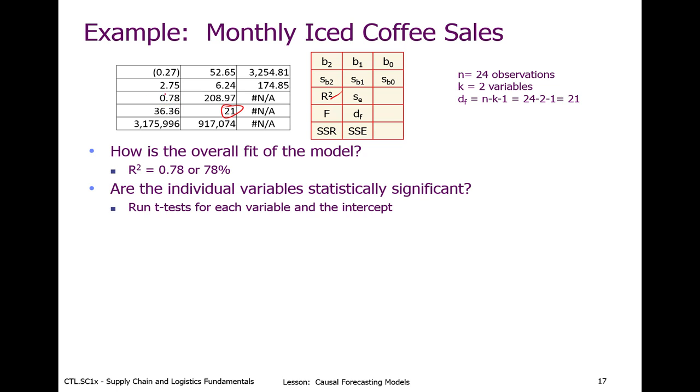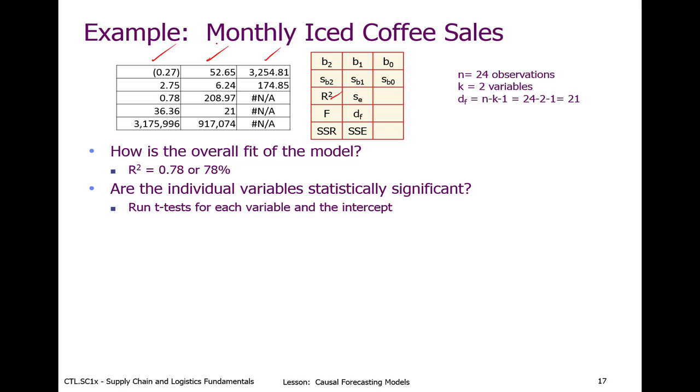So then the next question I ask is, what about the individual variables? Because what this LINEST function has given me are the estimates, where this is beta naught, this is the trend in coffee, additional cups of iced coffee sold per month, and this is the temperature effect. So this is saying my level is 3,254 cups of coffee a month.